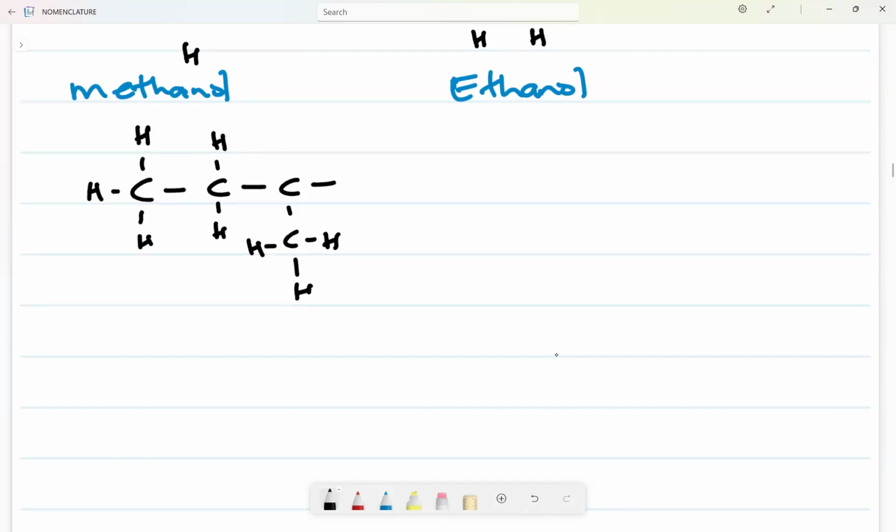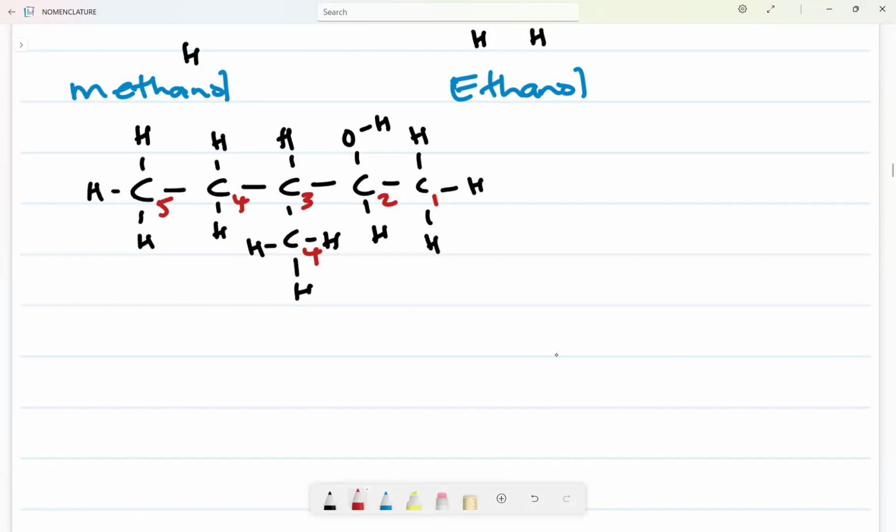I want us to give the IUPAC name of this structure. When you start naming, you prioritize the hydroxyl group, or the OH. Where is OH the smallest? When I start here, can you see that? 3, this is going to be 4 if I go there. If I continue, it's going to be 4 like that, 5. So it means the longest chain is this one.